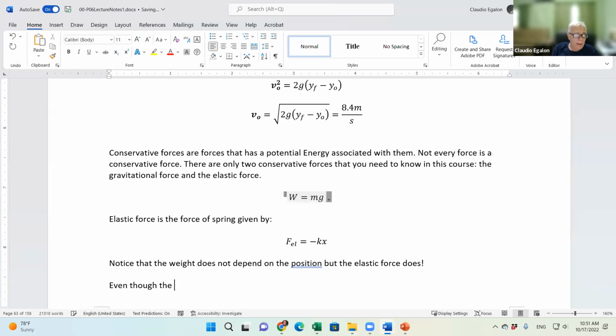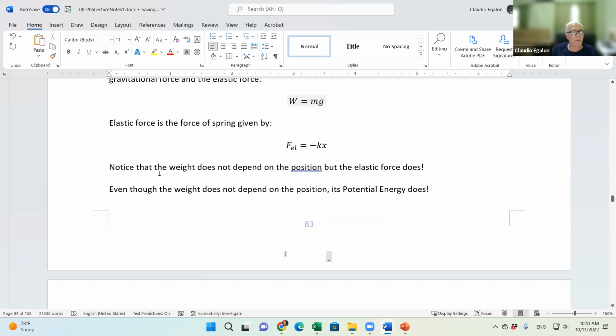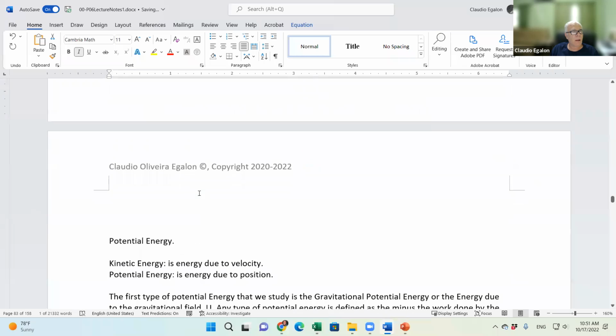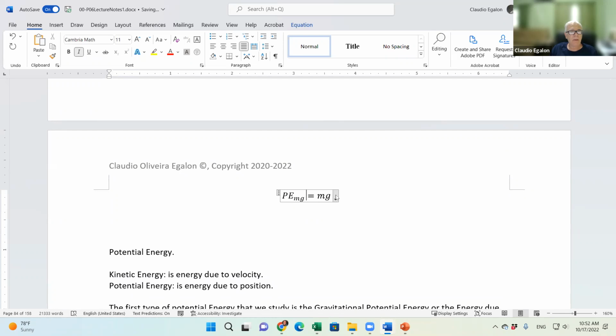Even though the weight does not depend on the position, its potential energy does. Remember, I wrote down that the potential energy due to the weight is equal to what? mgy. That's the position dependence right here.